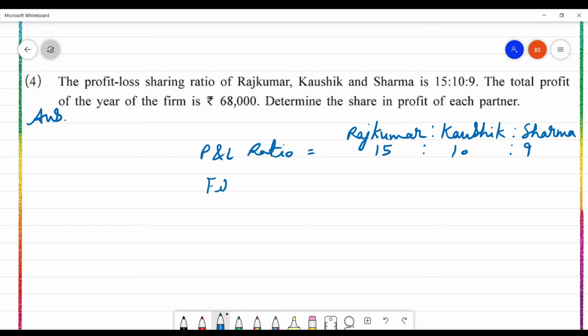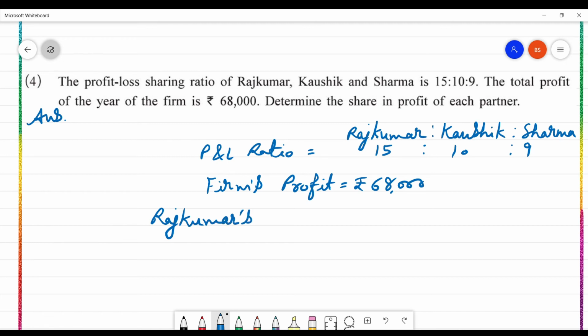Firm's profit equals 68,000. Then we will find out partners' profit individually.